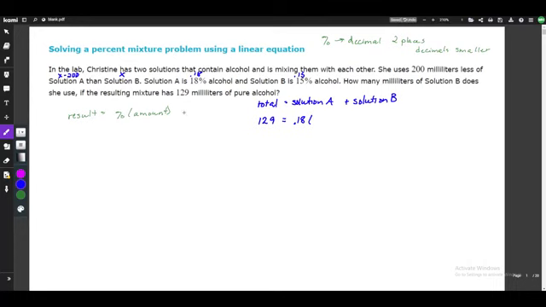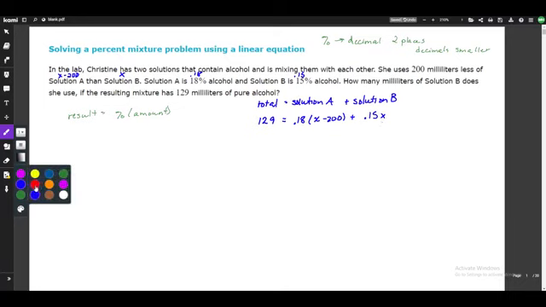So it's 200 milliliters less A than B. So this is going to be X minus 200 plus solution B was 15%, so 0.15. And B, we decided it was the end of the comparison, so that is just going to be my X. And that is the problem that we're going to be solving.